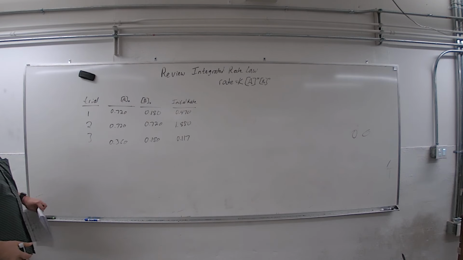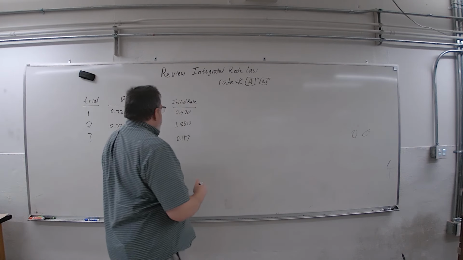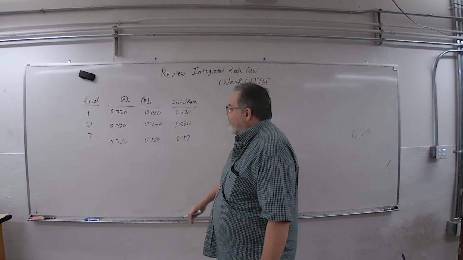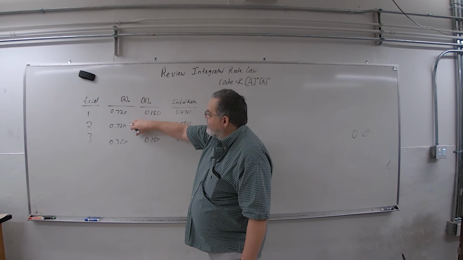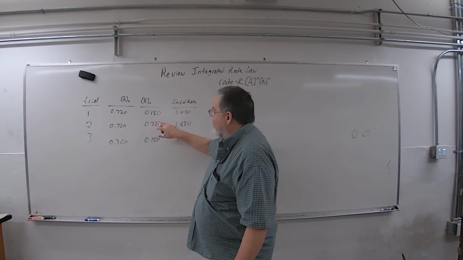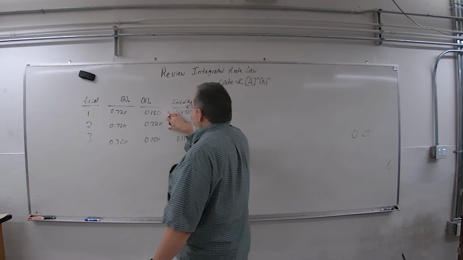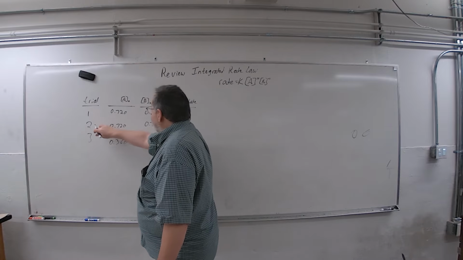If you want to do it by equation, rather than just looking at the data, first you need to pick one that has 2 the same, like this. So initial concentration of A is the same for this trial as this trial. But here, initial concentration is different. So let's go with that first. So it's 1 and 2.